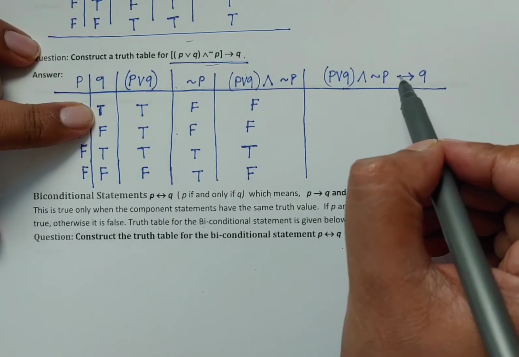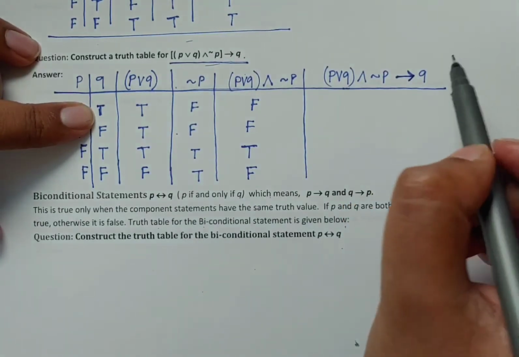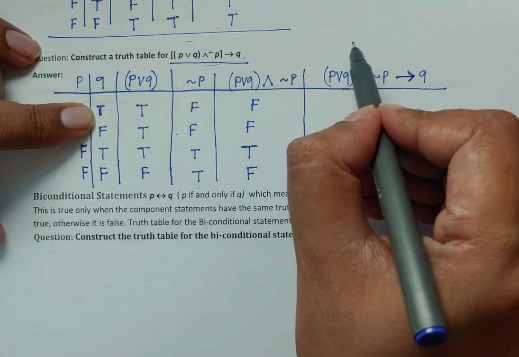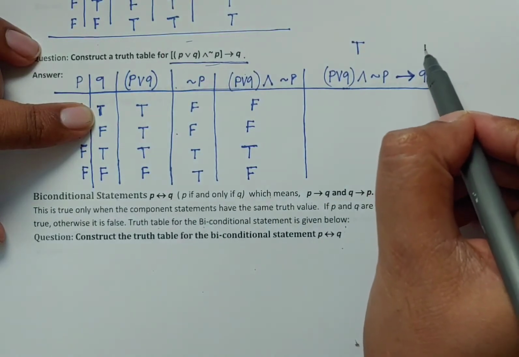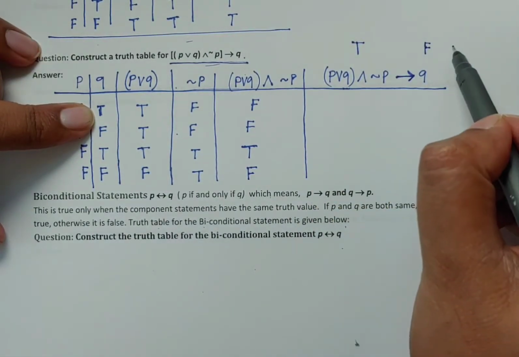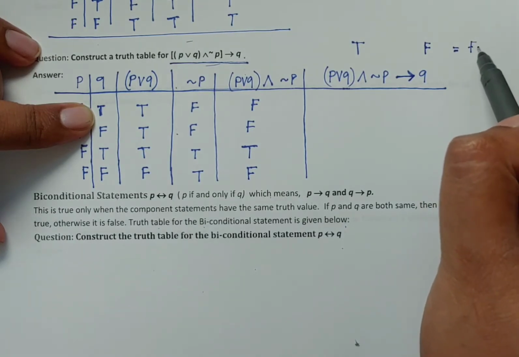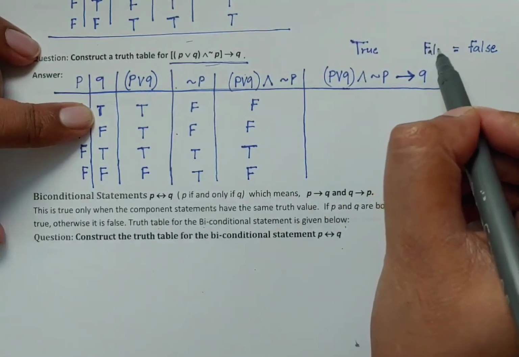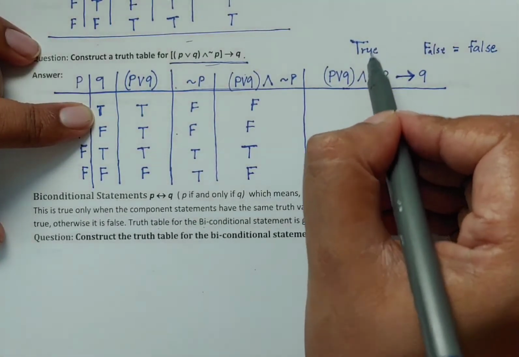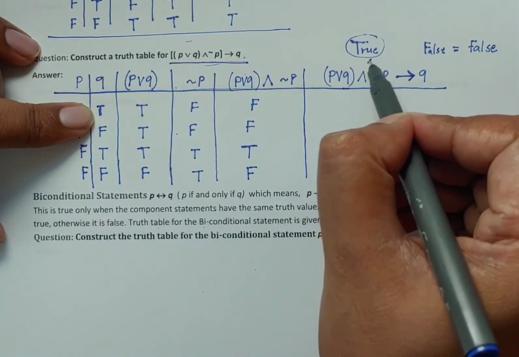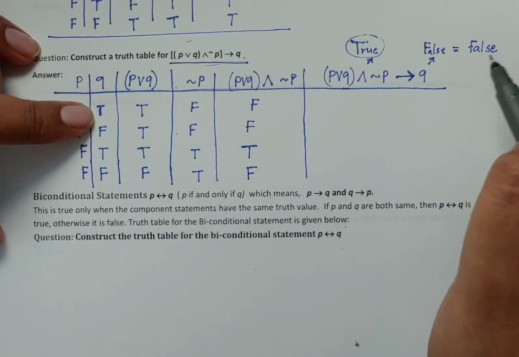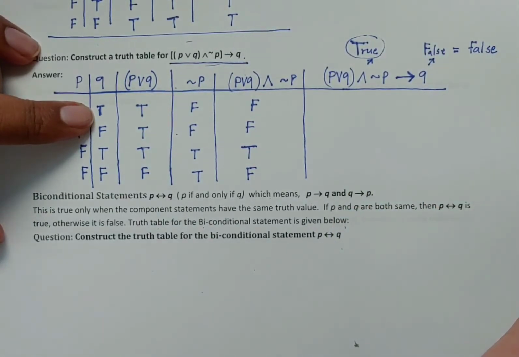When there is an if-then symbol, this implies symbol, you will get a false result if the first part is true and the second part is false. Otherwise you always get a true result, right?